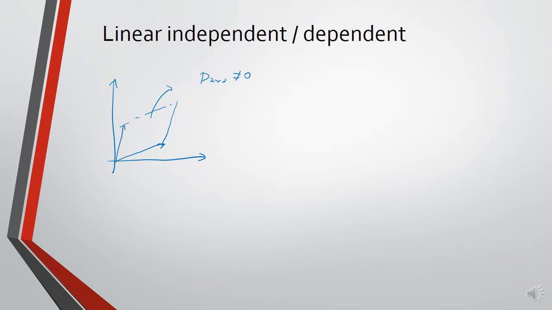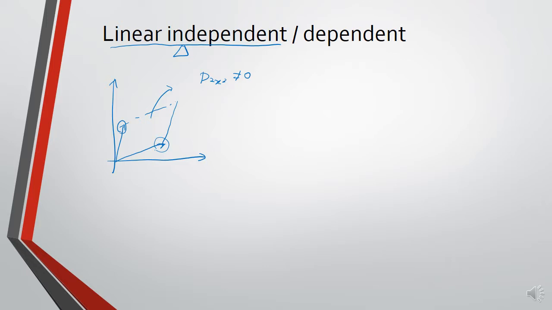This means these two vectors are not linearly dependent, or to say they're linearly independent, because this vector can never be expressed by that vector. That's why they can make a parallelogram with a certain area.